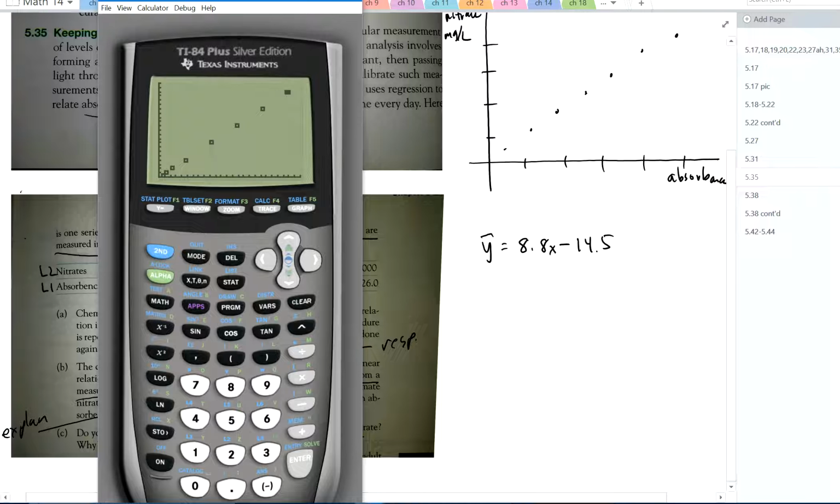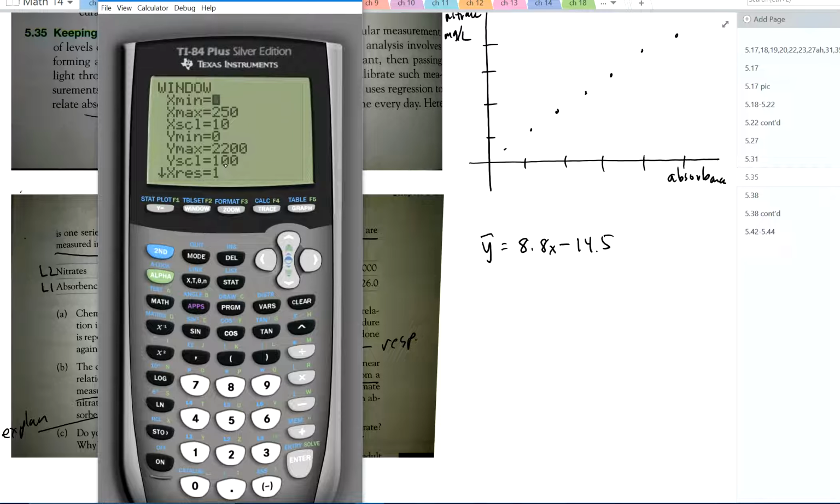Let's look at that. If I look at the scale, probably better just to look at my data in my book and see what my scale is. I was going basically from 0 to 250 for my X's, and I went every 10.